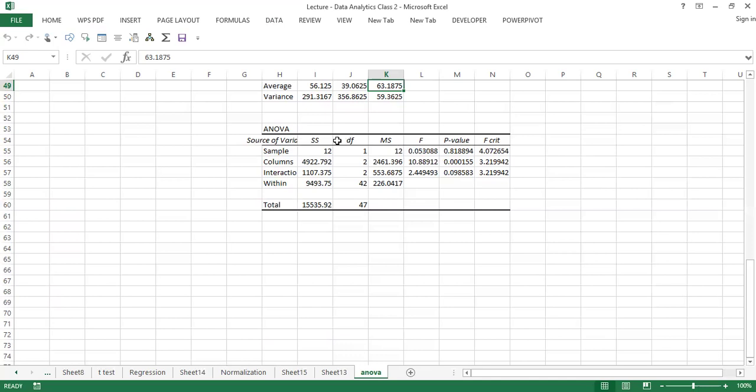For the sample, you see this degree of freedom is 1. Degree of freedom is total number minus 1. You have 2 samples, male and female; 2 minus 1 is 1. They have 3 columns, Nigerian, British, Americans; 3 minus 1 is 2.